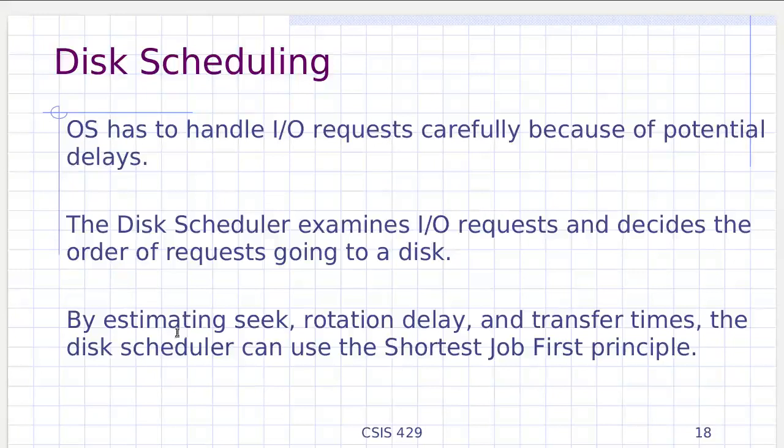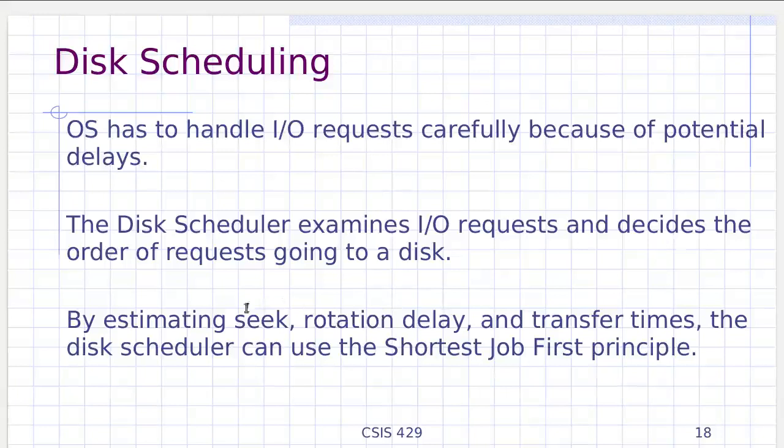So by estimating the seek time, the rotational delay, and the transfer times, and we just saw in that previous example, the transfer times may actually be pretty small if you're just accessing a single sector at a time. But of course, if you have hundreds of sectors, that transfer time will be roughly on the same order of magnitude as the seek times and the rotation times.